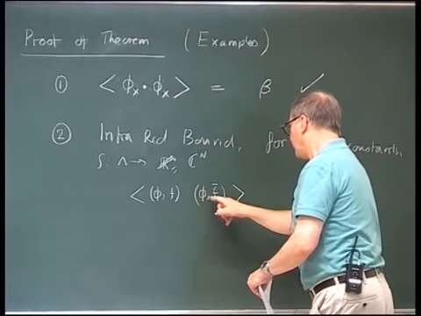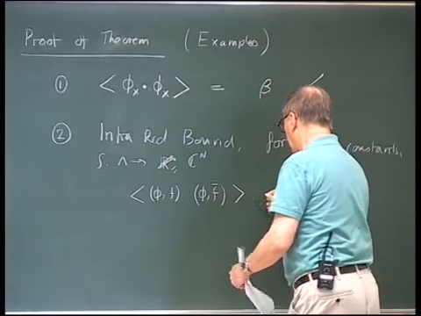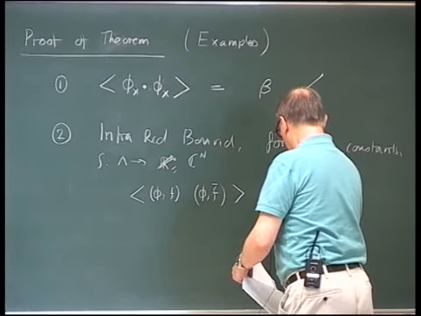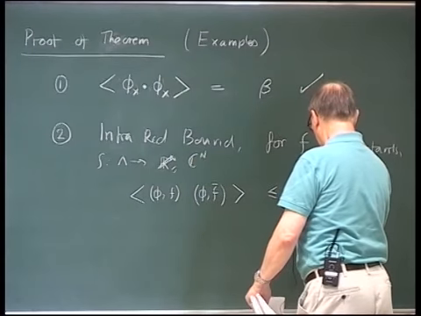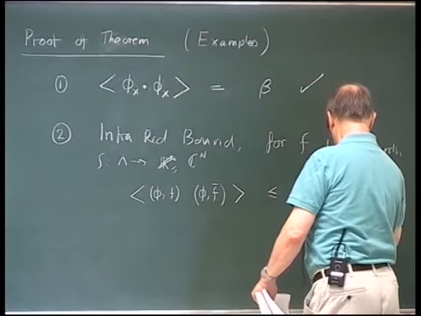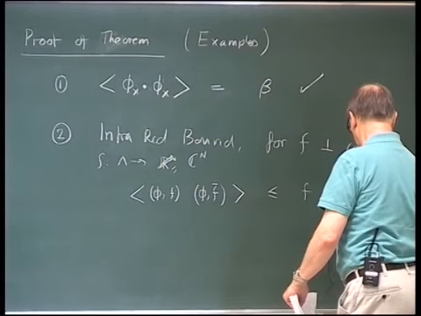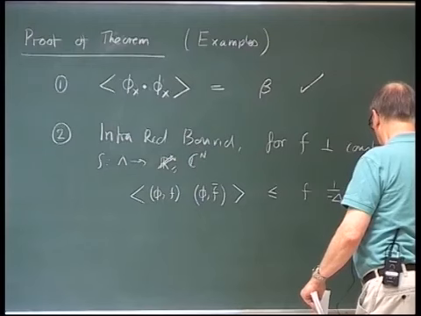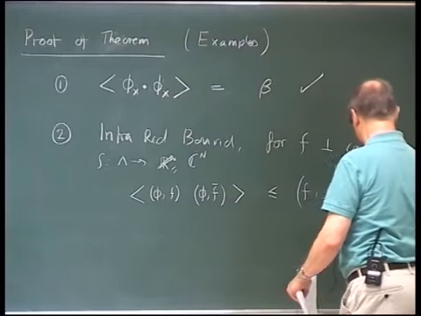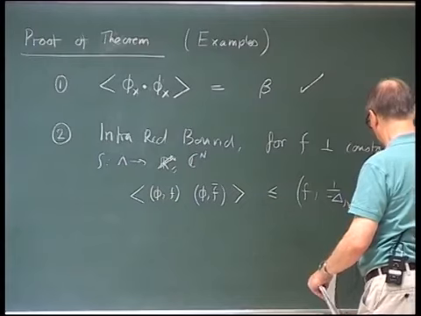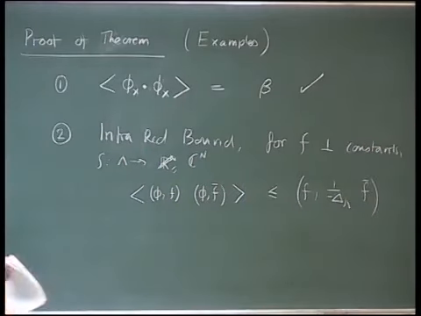The expectation of phi f conjugate is always bounded by f, inverse of the Laplacian in lambda, inner product f. And I guess we need a conjugate on here in this formulation. So let me let you stare at that for a second, because it has a very simple interpretation.